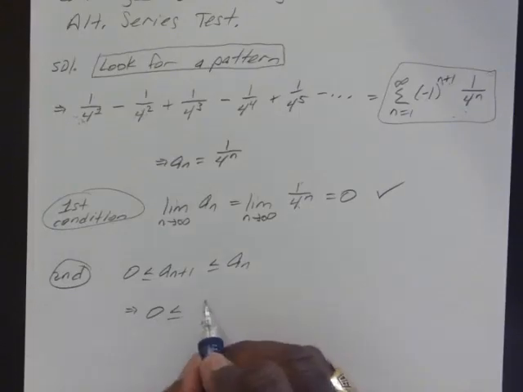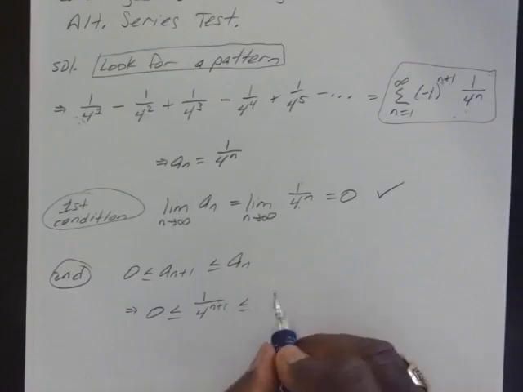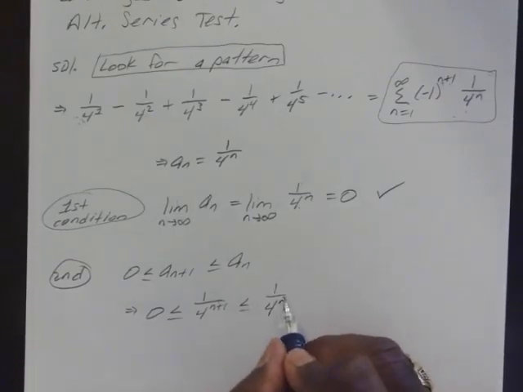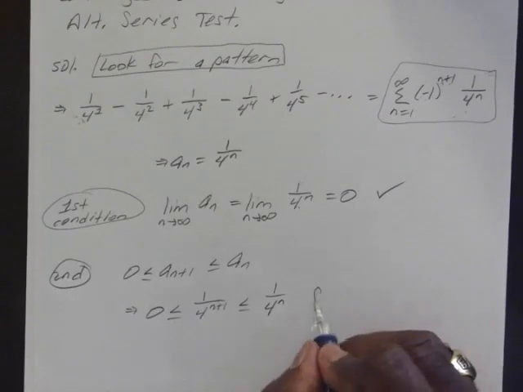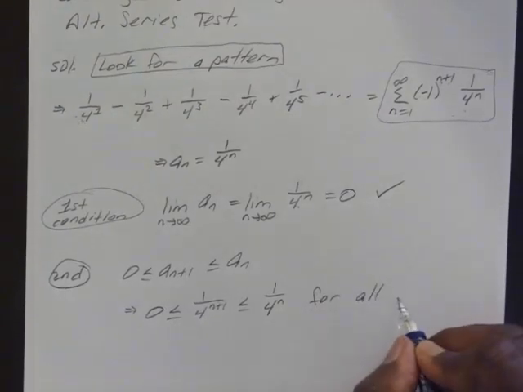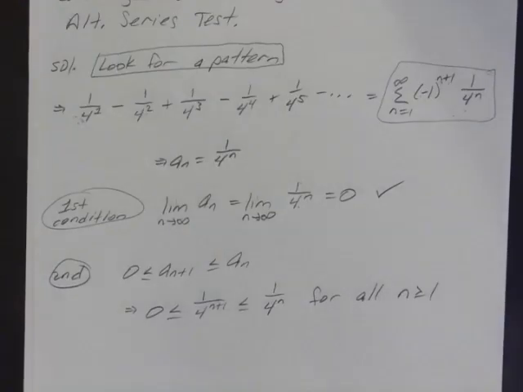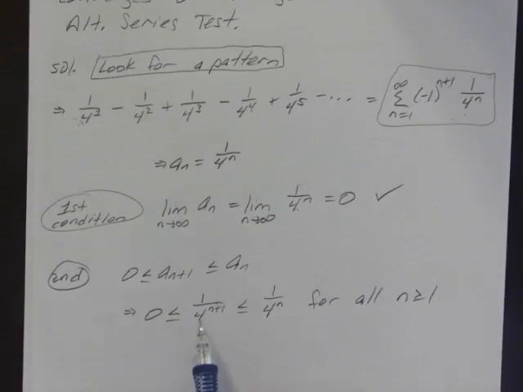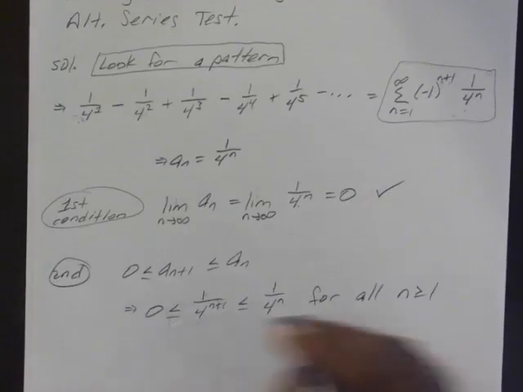Which means that 1 over 4 to the power of n plus 1 has to be less than or equal to 1 over 4 to the power of n, for every value of n greater than or equal to 1. And just plug in values. If you plug in n equal to 1, 1 over 16 is less than 1/4, which is true, and you can keep on going. So we can see that it's always true.